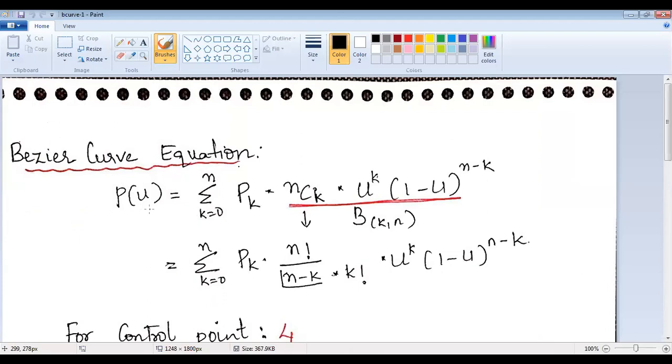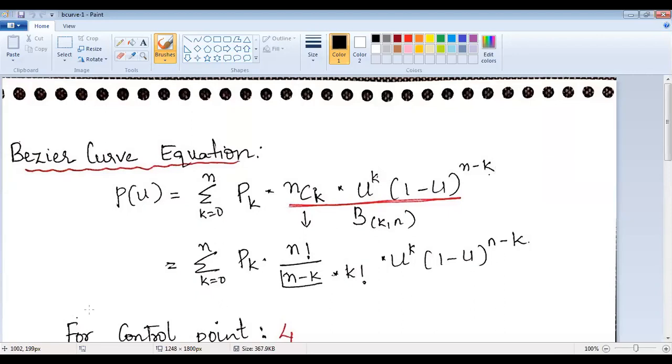P of u, that is the positional vector, is nothing but the sum from k is equal to 0 to n of pk into b z of k comma n. What is b z of k comma n? It is nothing but nck into u to the power of k into 1 minus u to the power of n minus k.